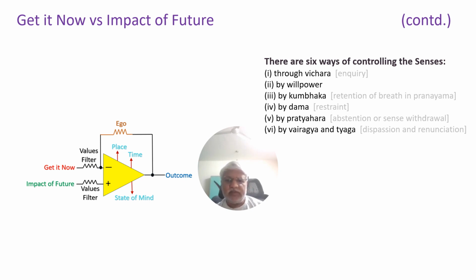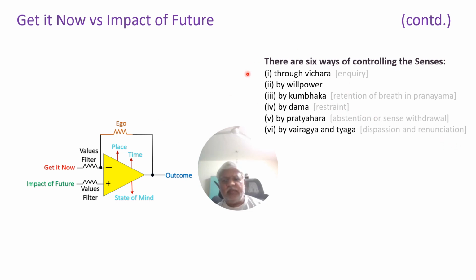So through vichara, we can control, that means through inquiry and by checking out different possibilities and their outcomes, and by willpower, by kumbhaka, that means retention of breath in pranayama, by dama, which means restraint, by pratyahara, which means abstention or sense withdrawal, by vairagya and tyaga, dispassion and renunciation.